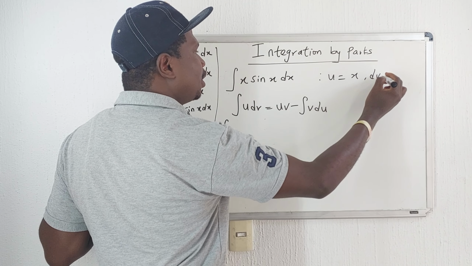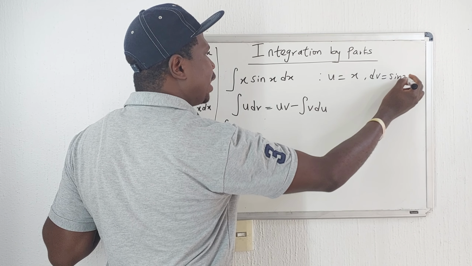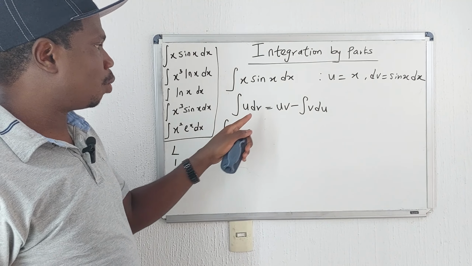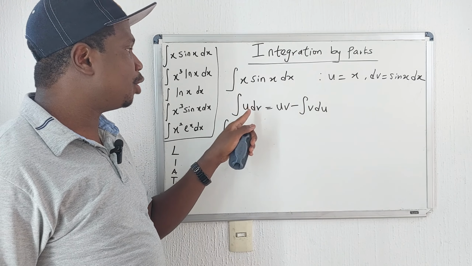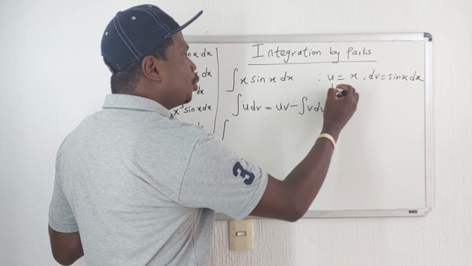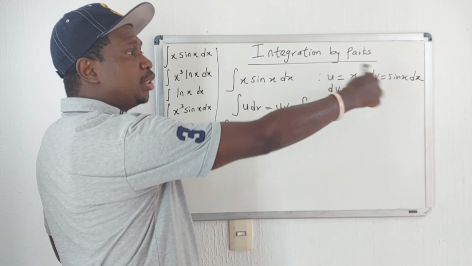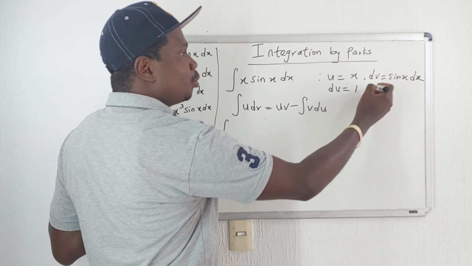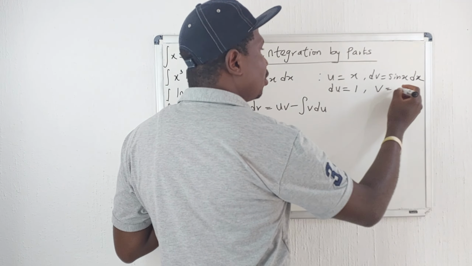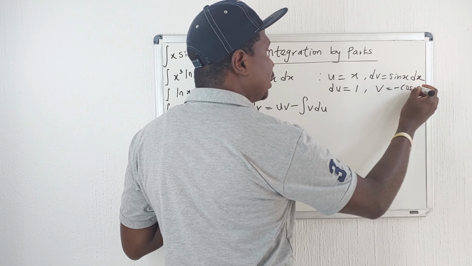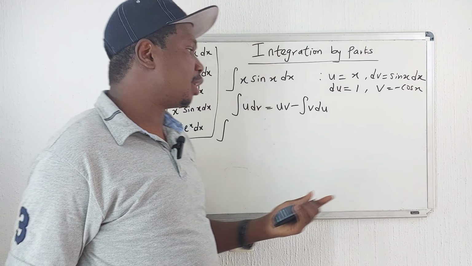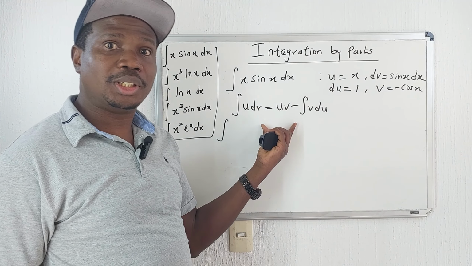Then dv is sine x dx. We need u, dv, v, and du. Then du, when I differentiate x with respect to x, is 1. Then when I integrate sine x, I have minus cosine x.